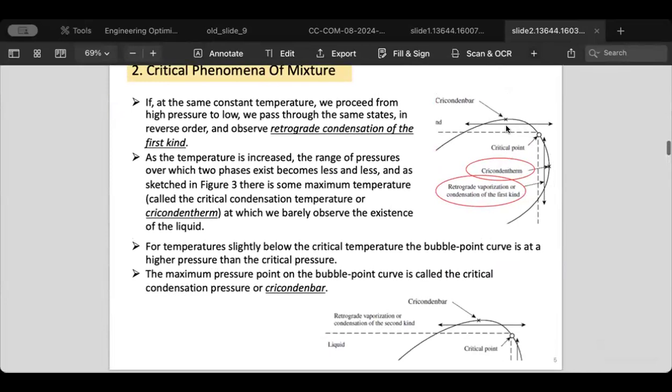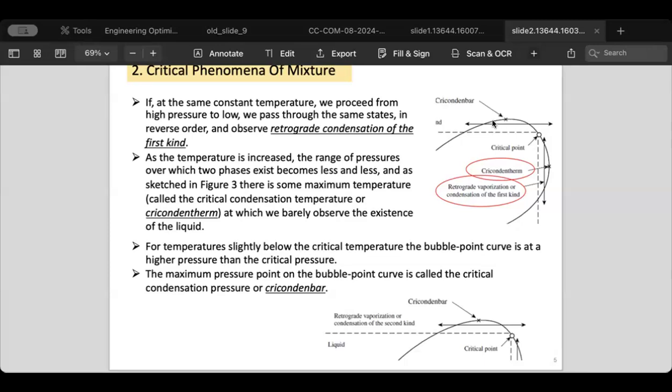This point over here is called the cricondenbar, and over here is the cricondentherm, temperature and pressure, right? This is the last pressure at which we can enter the vapor-liquid equilibrium.